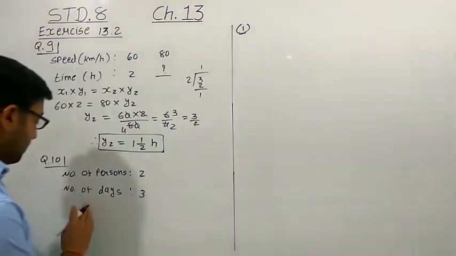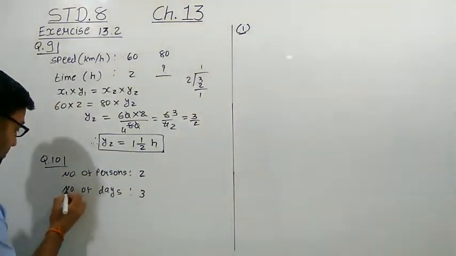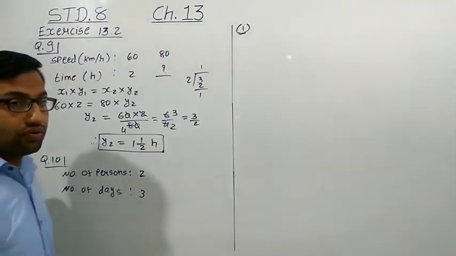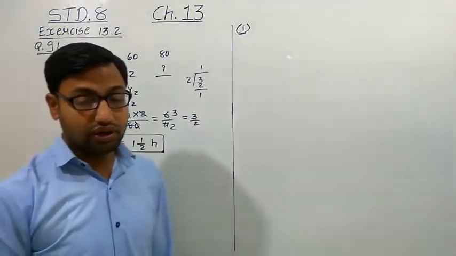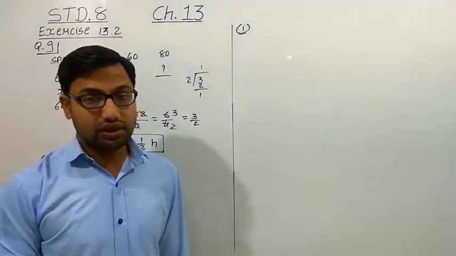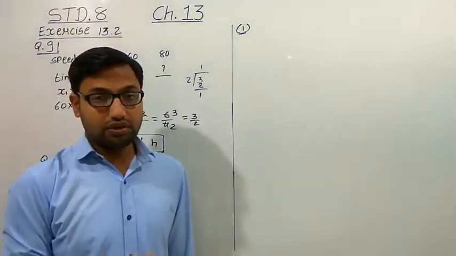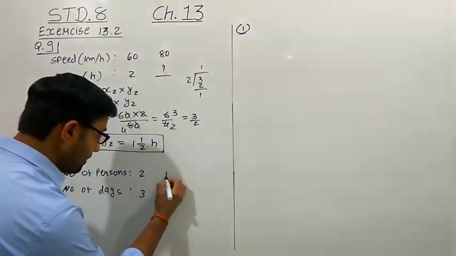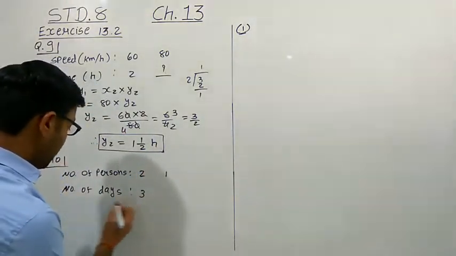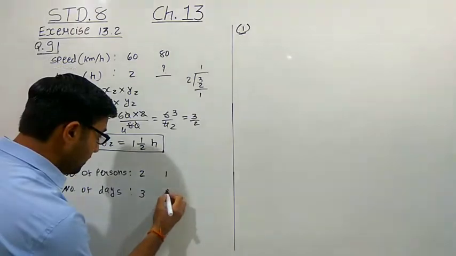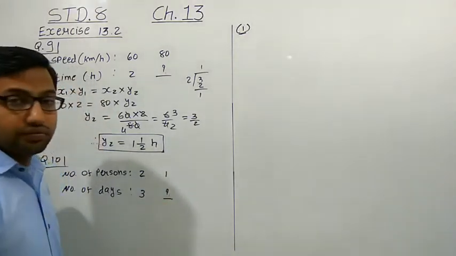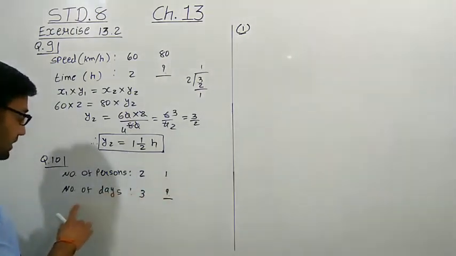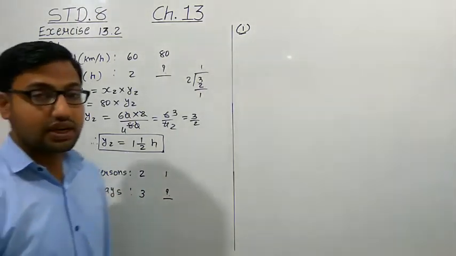Here the number of persons is 2. Out of these 2 persons, one fell ill, so that person cannot now work. So out of 2, only 1 is remaining. Now it is asked how many days it will take to complete the work. Now instead of 2 persons, only 1 person is there. So obviously the number of days to complete the work will increase.